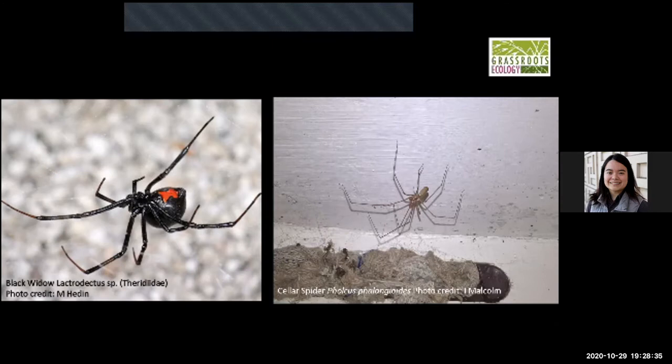And then to our right, we have another cobweb builder, which is the Cellar Spider. This is what I learned as a kid, that this was a daddy long legs, but some other people say that they learned the harvestman was a daddy long legs. But yeah, I think it's really cool how language is taught differently in different regions of the United States.